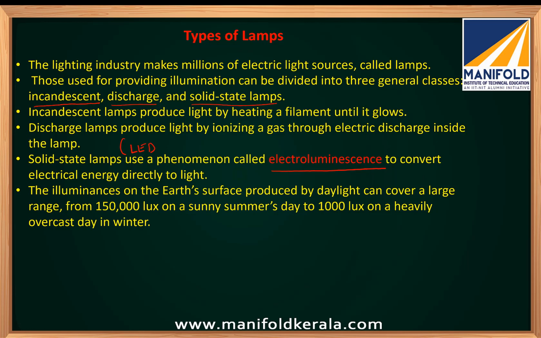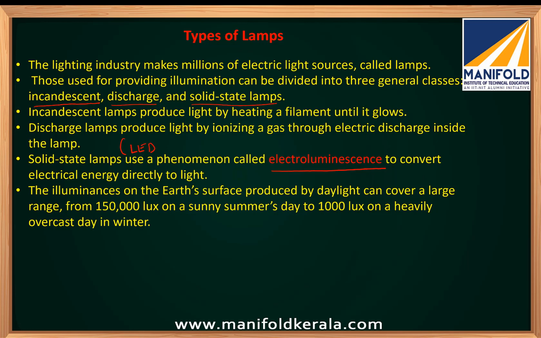The illuminance on the earth's surface produced by daylight can cover a large range. Because of the intensity of the sun, on a summer sunny day, the illumination on the surface of the earth is 1,50,000 lux, and on a very gloomy, heavily overcast day in winter, it can reduce to 1,000 lux.